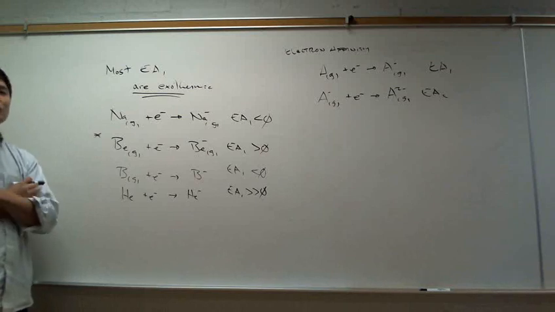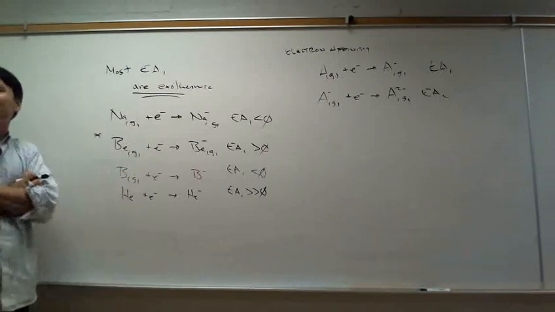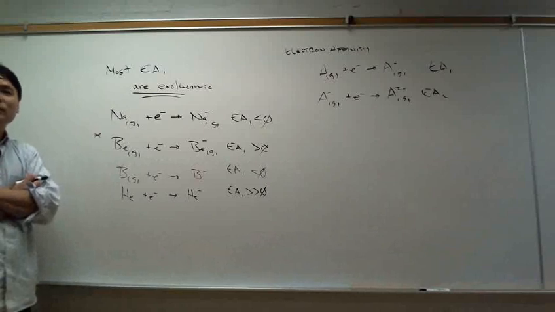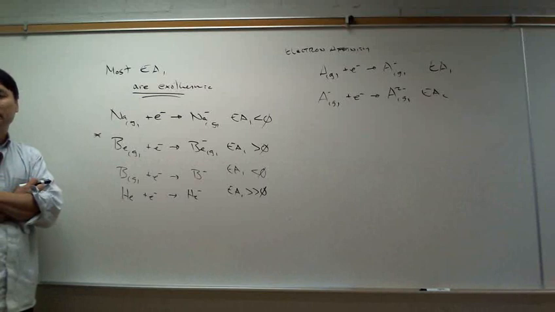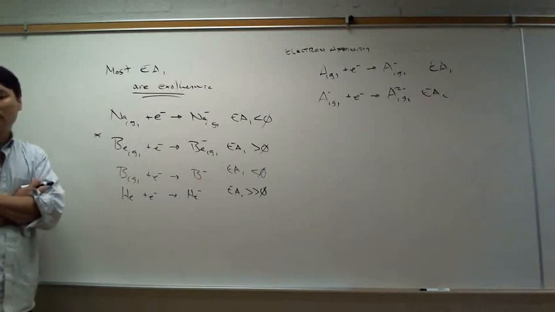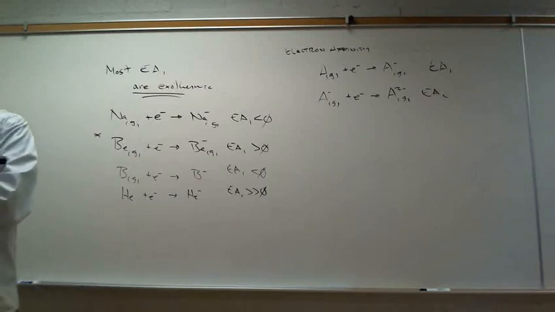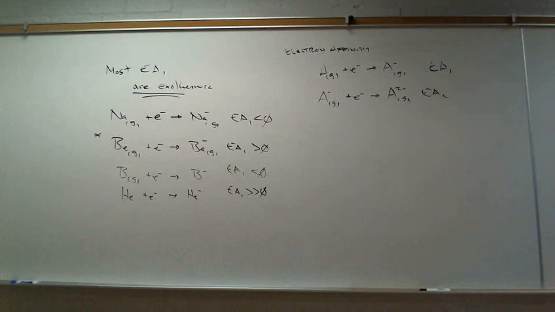Anyway, we like to go down in energy. Going down in energy is always good because we're going to things that are more stable. I think the way Petrucci says to remember it is by taking the absolute value. No, you can't take the absolute value, can you? I forgot.